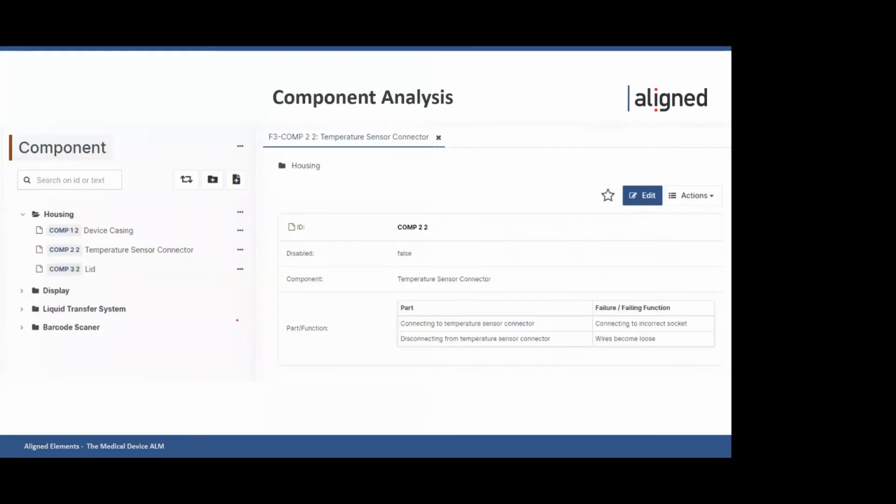And therefore, it works similarly to how you would document your components, maybe. This is just one way of structuring the decomposition of a device. So I have components on one hand, and it's divided up into parts. And for each of these parts, I consider what could possibly fail. And based on what could fail, I can then identify hazardous situations.